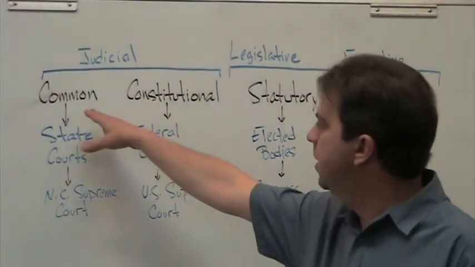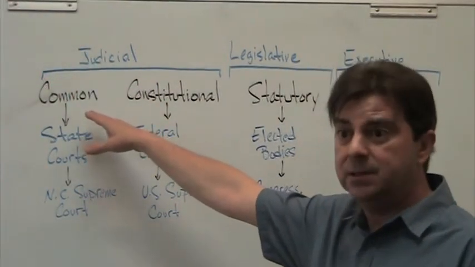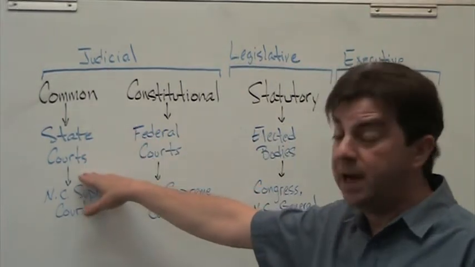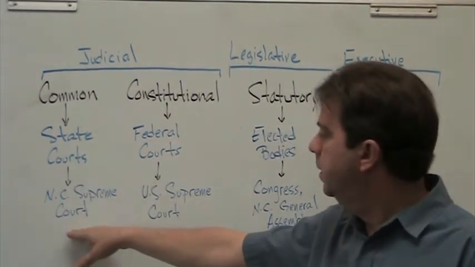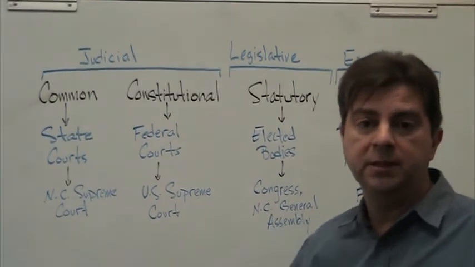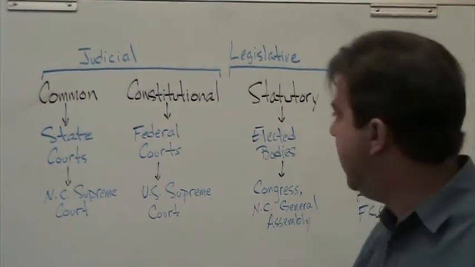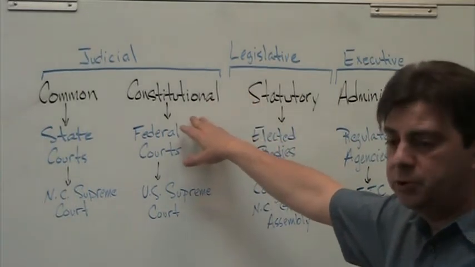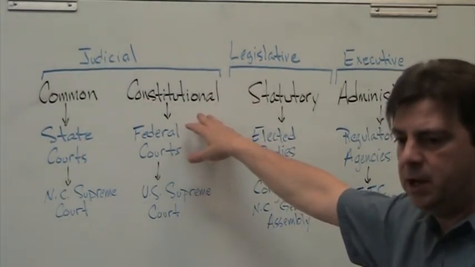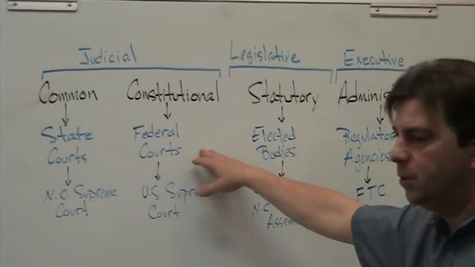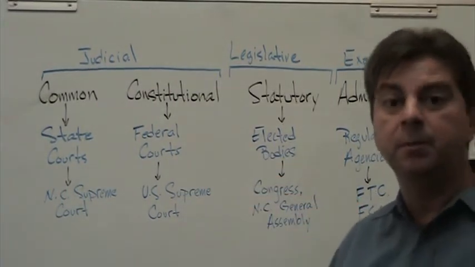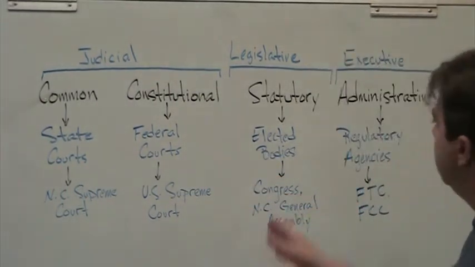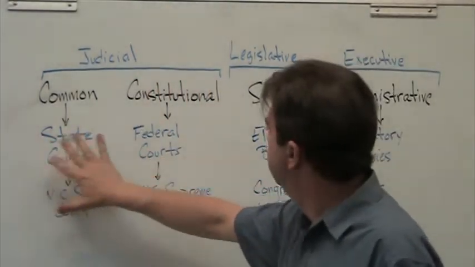Law that accrues over time through cases plays out at the state level, and the NC Supreme Court would be an example of where we go to find out how libel law works. Law that accrues through interpretation of the Constitution plays out in federal courts, and obviously we're going to be talking most about the Supreme Court. The judicial branch controls that.